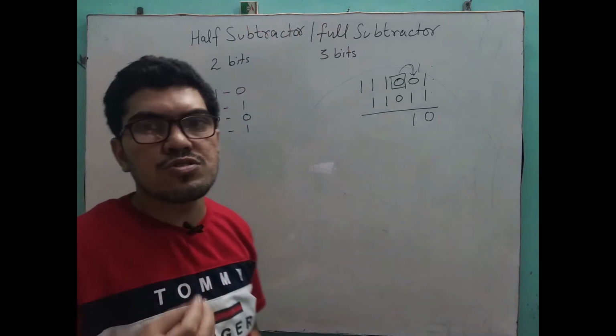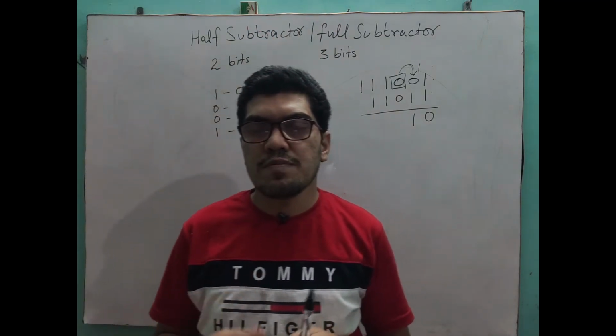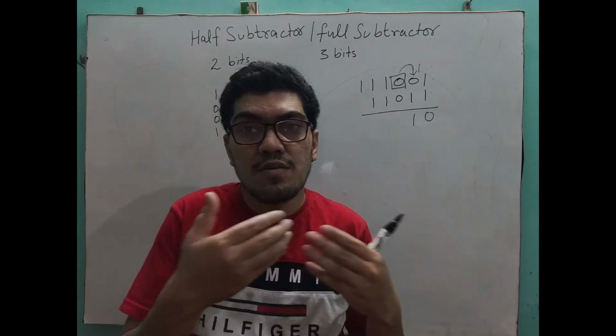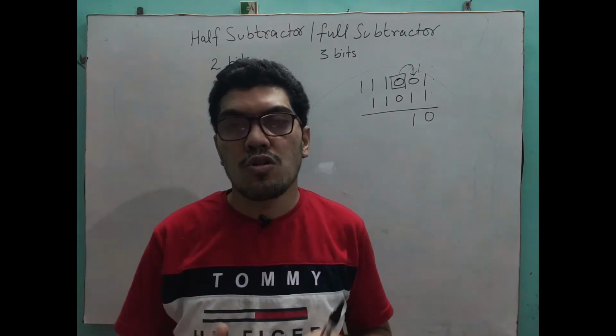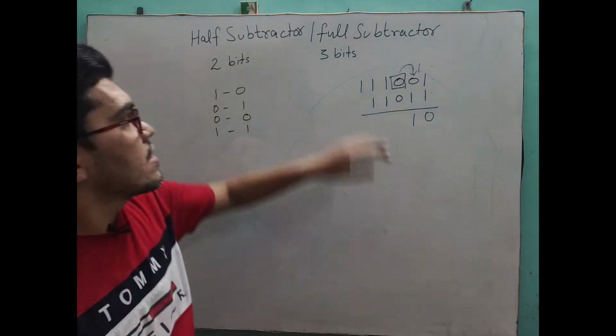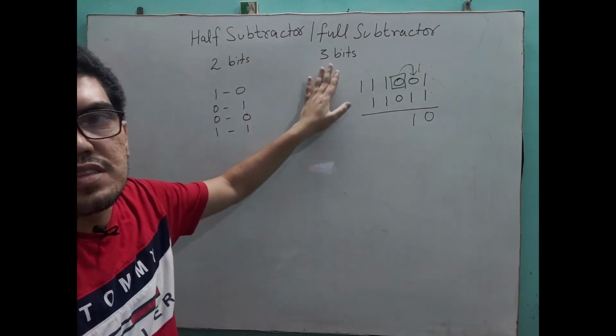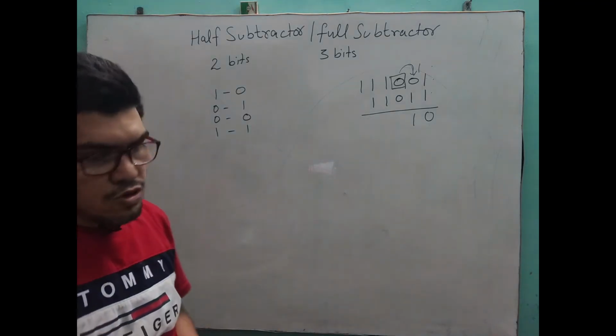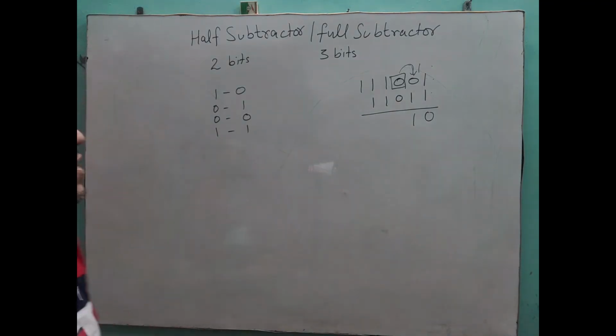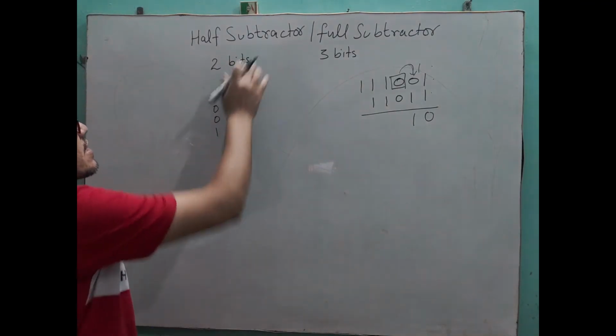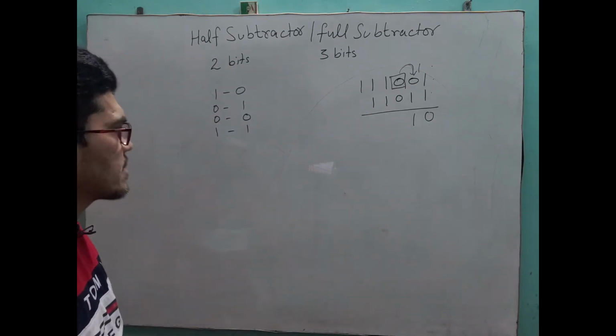Since it can use 3 bits, it can take one previous borrow also, so that is why we can say that full subtractor works on 3 bits. So we will work on both of these. First let us talk about half subtractor.